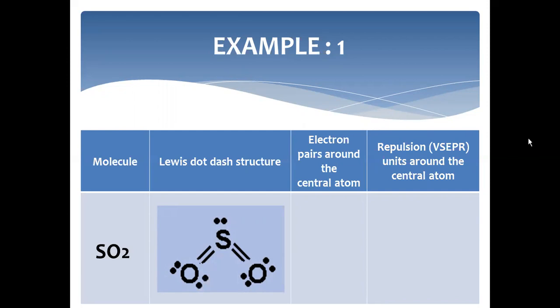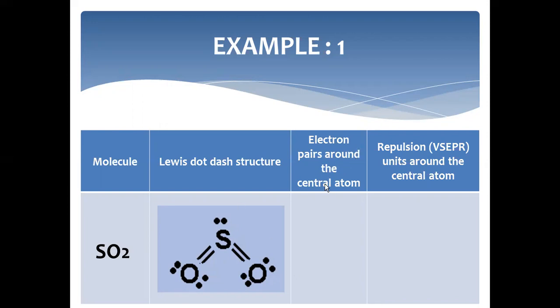You can see here very clearly, the sulfur is having one lone pair and two double bonds. The oxygen also has two lone pairs and one double bond. Likewise, your two oxygens are there.